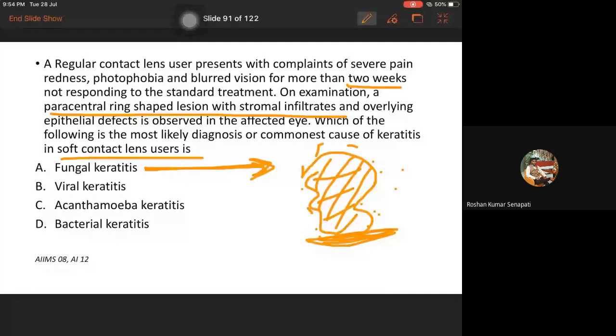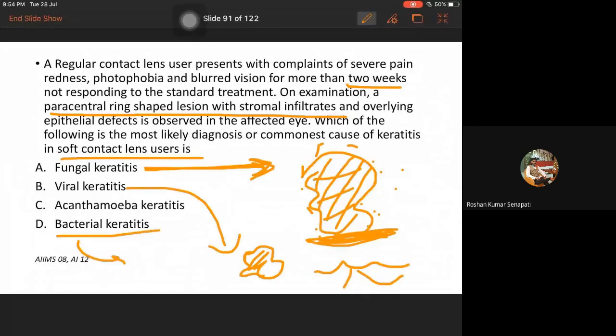Viral keratitis will have either a geographic ulcer or dendritic ulcers, epithelial keratitis. How does a bacterial ulcer look? It will have well demarcated margins covered by slough. And they can have hypopyon.